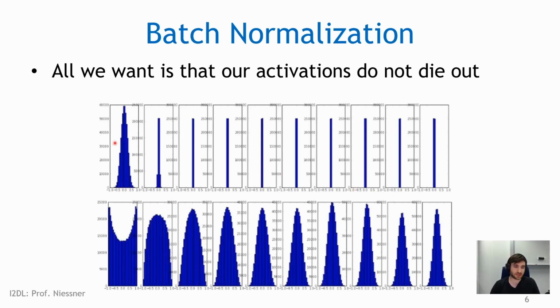In that example, in the upper row, you can see that at the very beginning of the network, the distribution of your activations or weights is still rather appropriate and nicely distributed. But even after a few layers, these will deteriorate and be quite meaningless. The idea of batch normalization is to keep this kind of nice normal distribution throughout the layers, even for deeper networks.